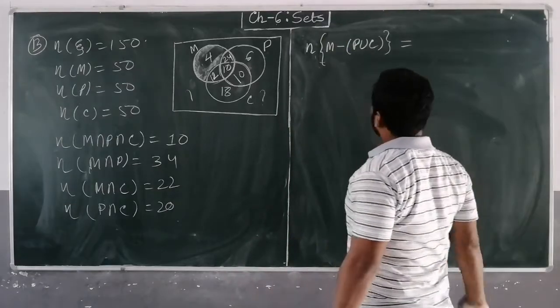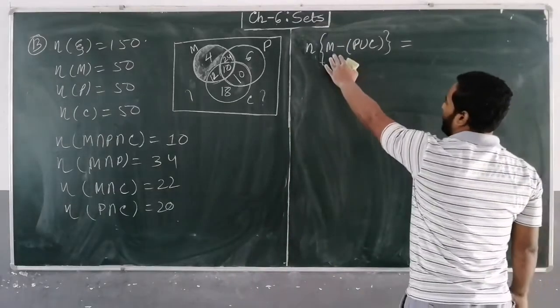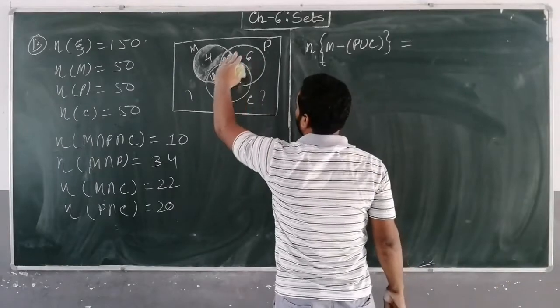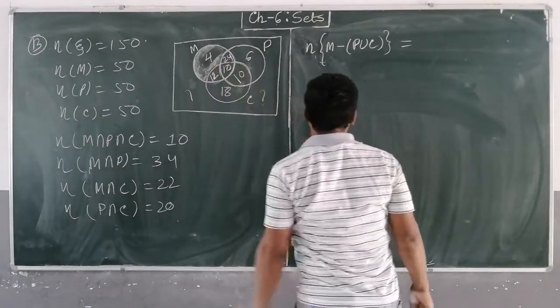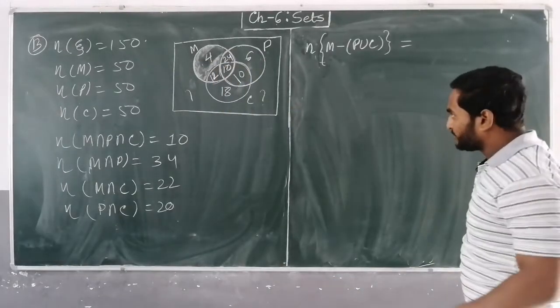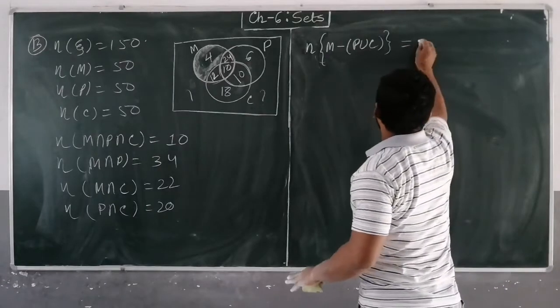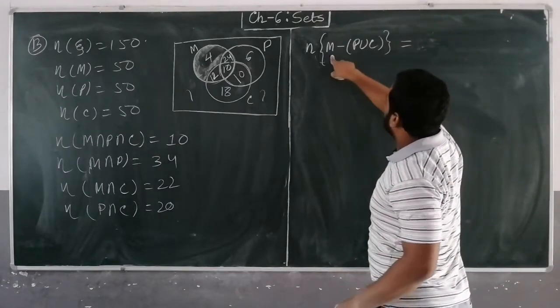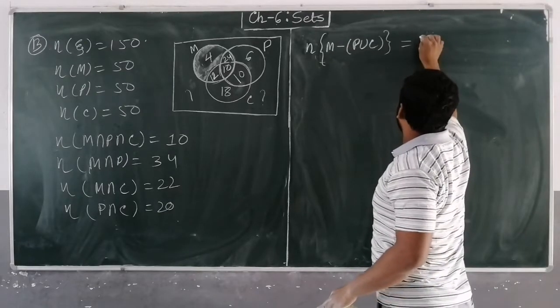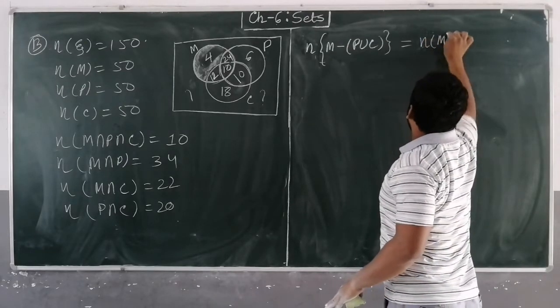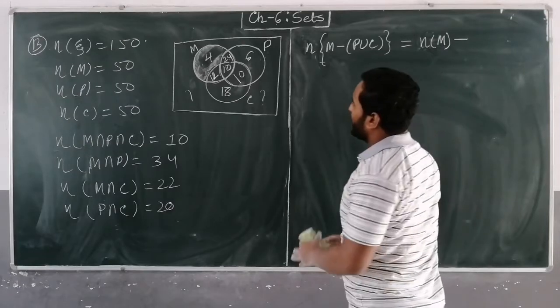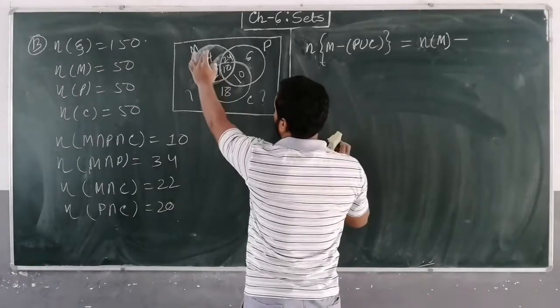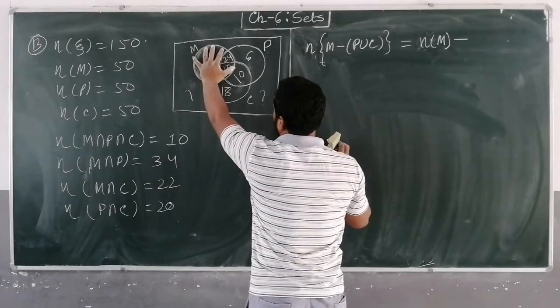So the number of students that is M minus. From mathematics you have to subtract P union C, this part. So only this part will be left. So see this. It will be the number of students studying mathematics, n of M, minus, see this. From M, what do we have to subtract?